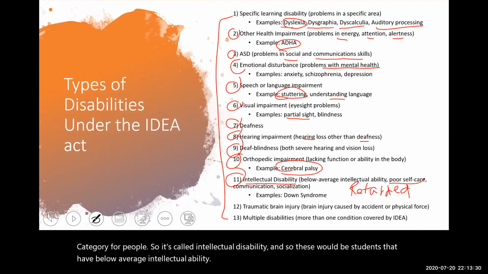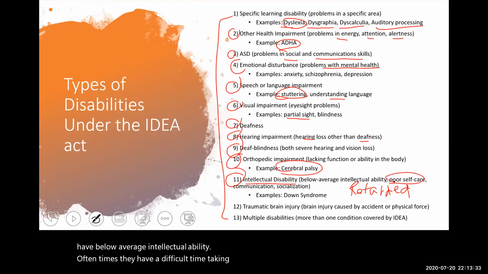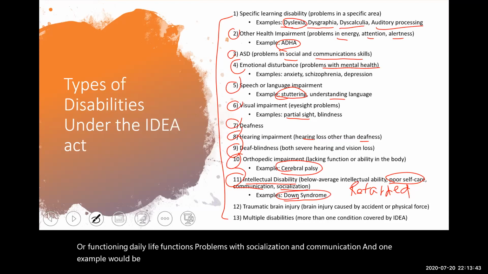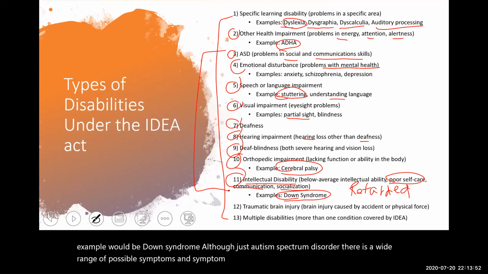Oftentimes they have a difficult time taking care of themselves or functioning in daily life functions, problems with socialization and communication. And one example would be Down syndrome, although just like autism spectrum disorder, there is a wide range of possible symptoms and symptom severity of Down syndrome children as well.